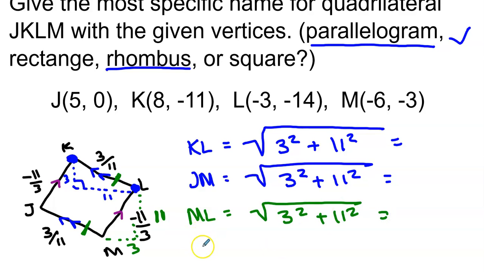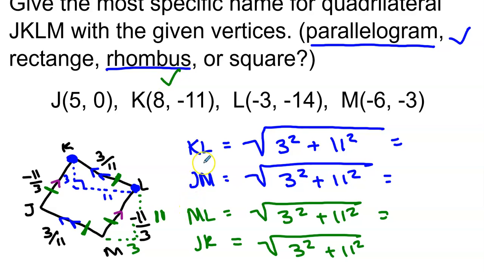I don't really know what that number is, but I could punch it into a calculator and figure it out. But we know that we're going to get the same calculation every time: the square root of 3 squared plus 11 squared. So now we know that all of these sides are congruent. So we know this is definitely a rhombus for sure.